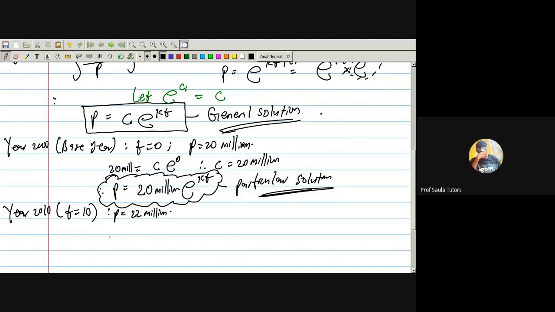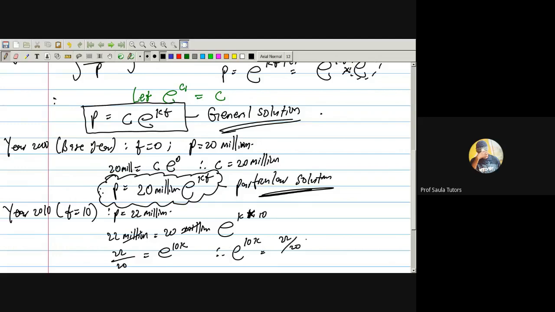So what do we have? 22 million equal 20 million exponential KT. If you look at this, million cancels million. So I have 22 over 20 equal to exponential KT. Our T here is 10, don't forget. So I have E raised to power 10K equal 22 over 20.